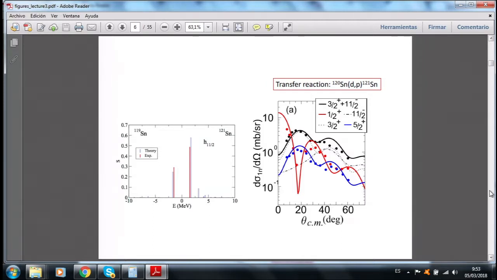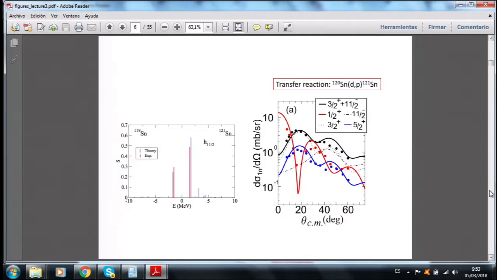In this experiment, because of the experimental situation, they were not able to disentangle in the detectors the population of these two states in 121. But making a theoretical analysis, you can disentangle both components. So in any case, some experimental value is obtained.